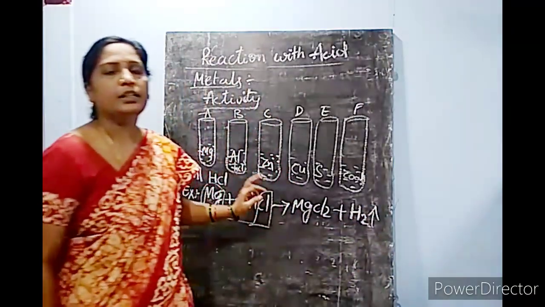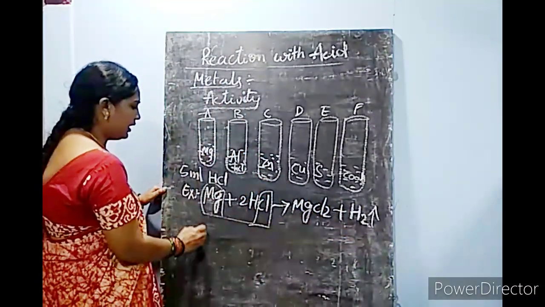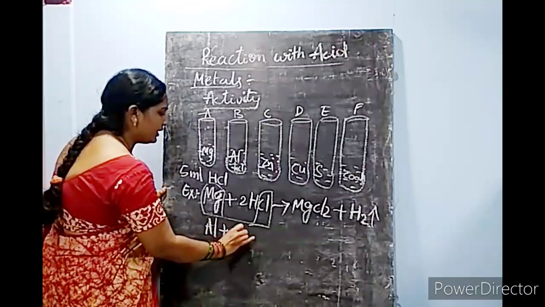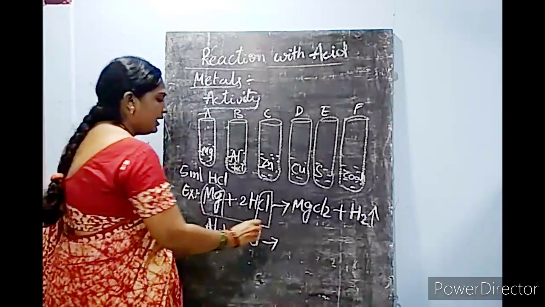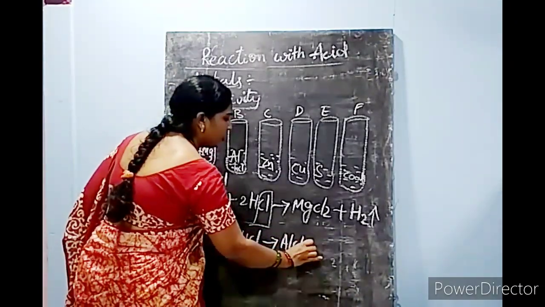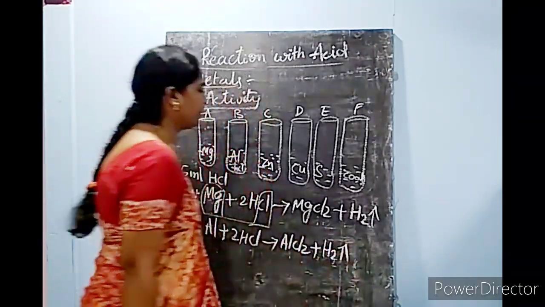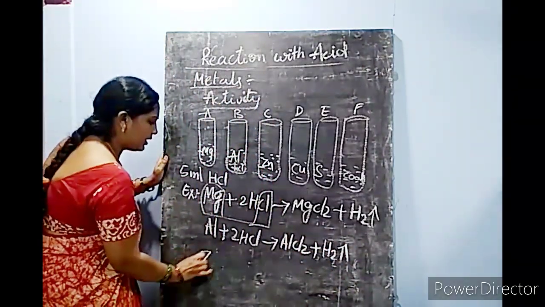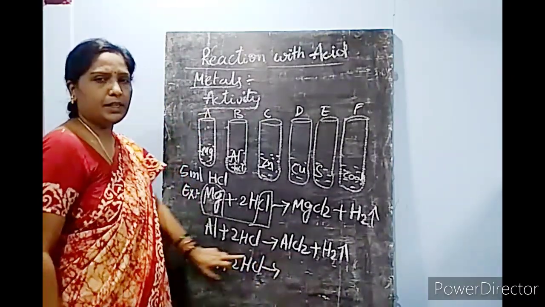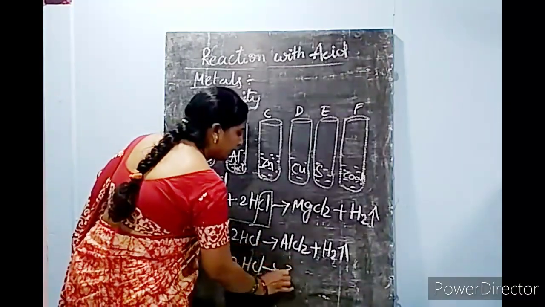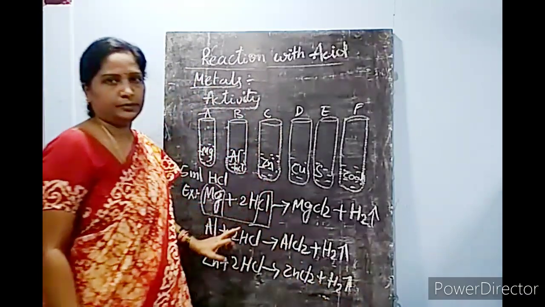Hydrogen gas is released in this reaction. If we take aluminium, it also shows the same reaction. When aluminium reacts with HCl, aluminium chloride plus hydrogen gas is released. If you take zinc, zinc also shows the same reaction: Zn plus 2HCl gives ZnCl2, zinc chloride, plus hydrogen gas evolved.